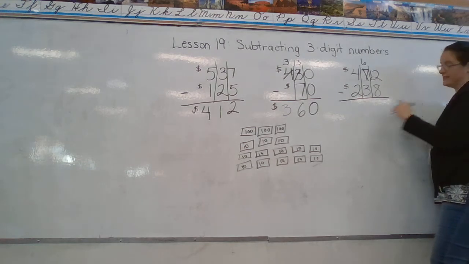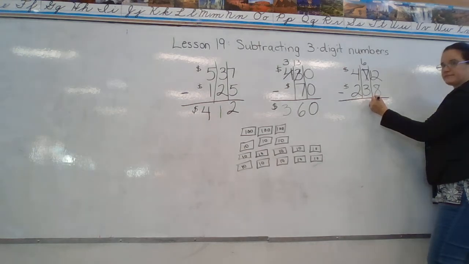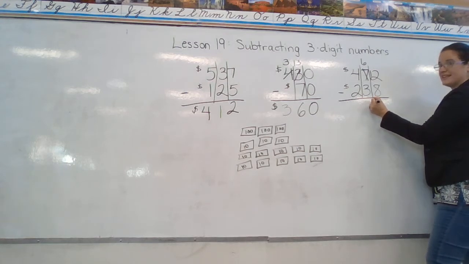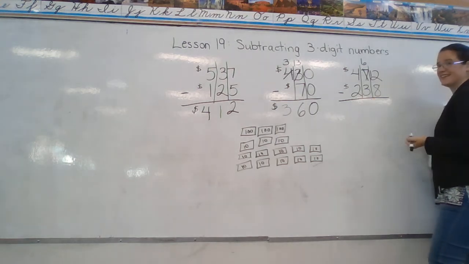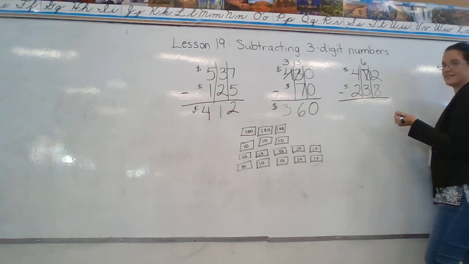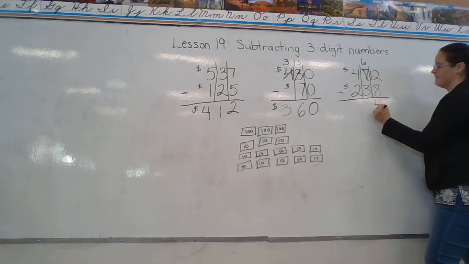Now, if you have 12 ones and you have to give away 8, how many do you have left? 12 minus 8. I think we have to practice subtraction, buddy. What's 12 minus 8? 12 minus 8 is 4.